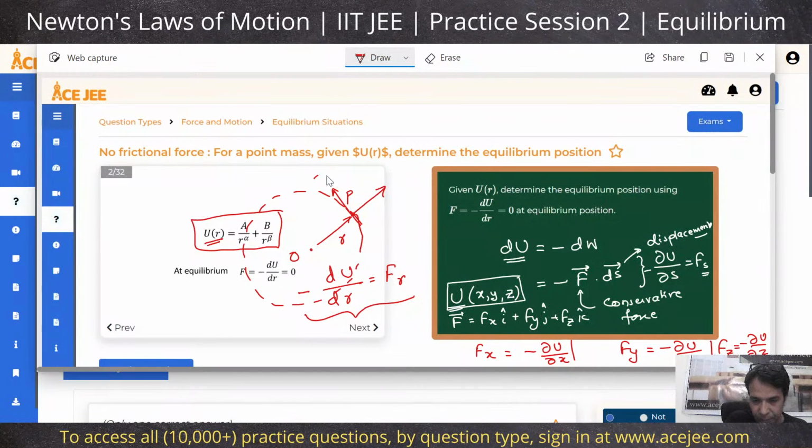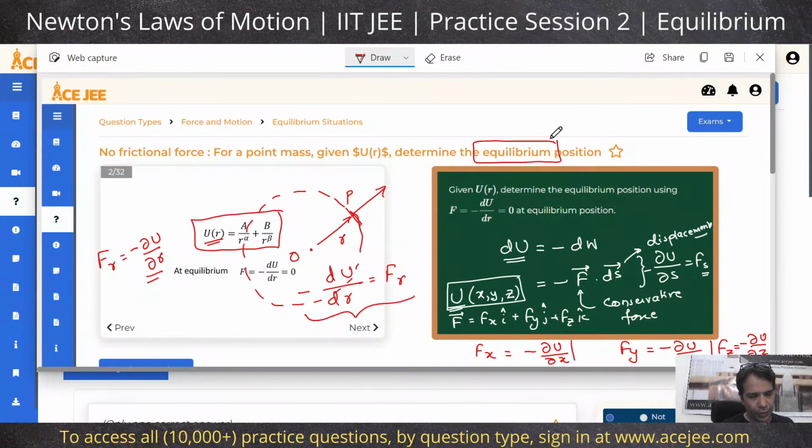I hope what I said there made sense. So this is how you find the force, which is minus del U by del r. Then they're saying determine the equilibrium position. What do we understand by the equilibrium position? In the equilibrium scenario, the net forces are 0.